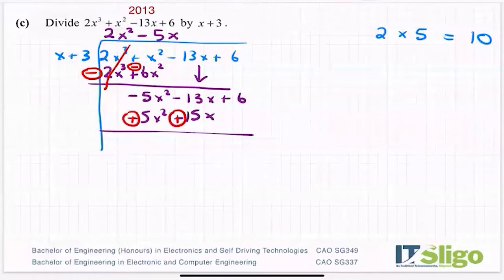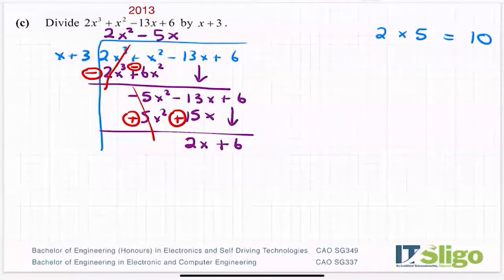So they're all becoming pluses now, okay, because minus minus gives me a plus. That's why it changes to a plus sign. Okay, and I have minus 5 plus 5, which is exactly what I want. They cancel. And over here, I have minus 13 plus 15, so I have 2x. And I haven't used the plus 6 yet, I take it down.